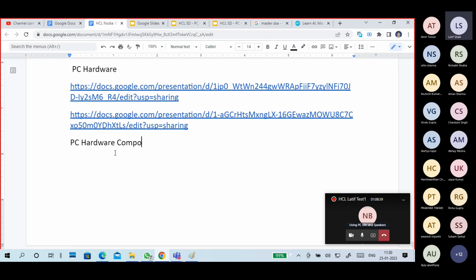PC hardware components, mainly inside the cabinet.